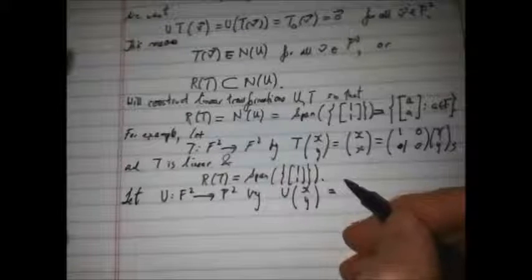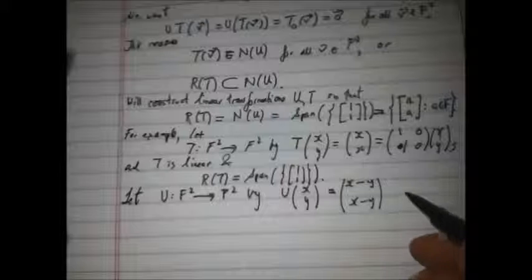Okay, now we want a transformation U from F2 to F2 so that the null space of U is equal to the set of (a, a). So that means the vector (1, 1) should be in there. So if I put x equal to y, I need to get the zero vector. One way to do that is to make that x minus y, and we see that for this to be equal to the zero vector, x must equal y.